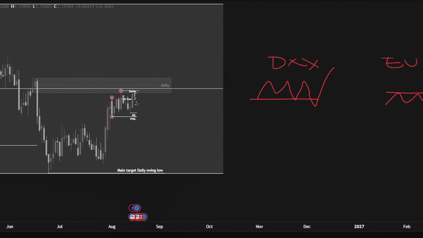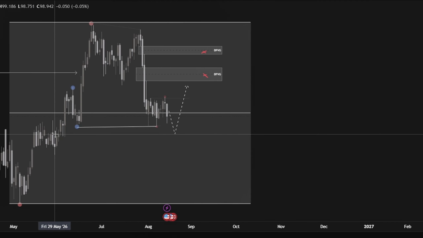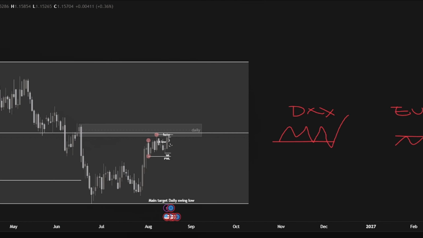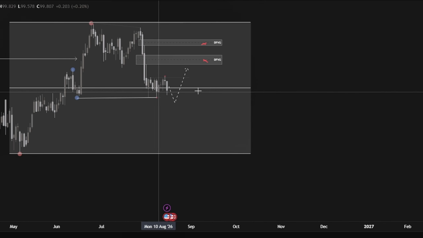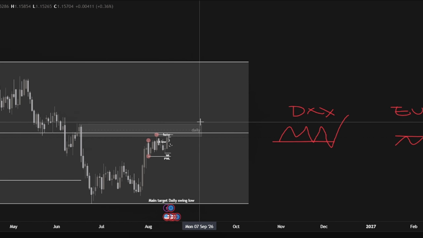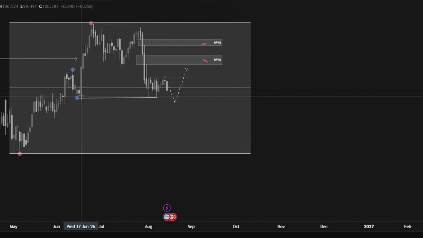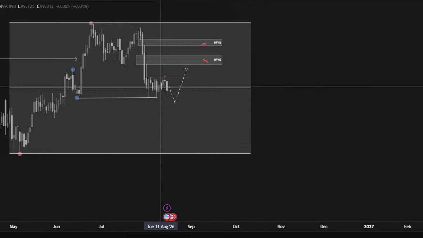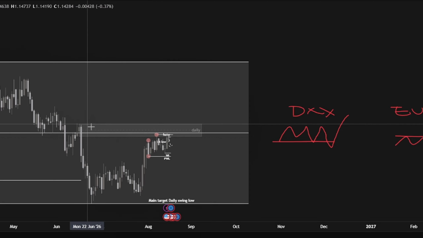Obviously, one thing we need to also realize is when you look at price here, we don't have the equal highs here compared to the equal lows that we have here, right? So remember that if DXY does take this, likelihood is we could potentially see Euro USD moving without having to take those highs.